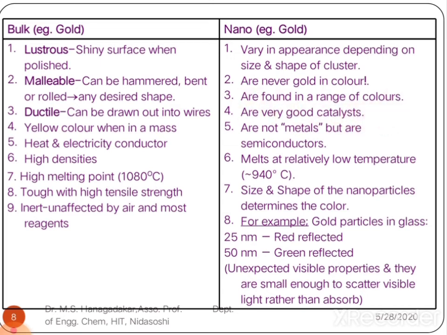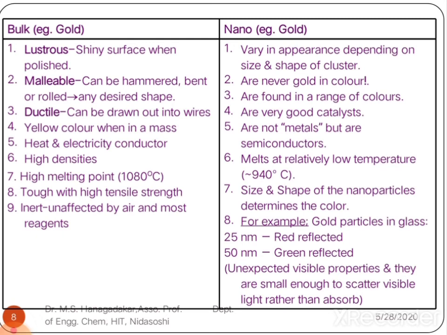As the particle size changes, the colors also change. They are very good catalysts for chemical reactions, are not metals but semiconductors. They melt at a relatively low temperature, approximately 940 degrees Celsius.